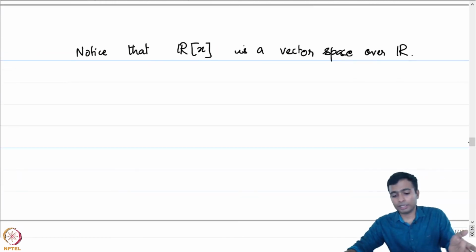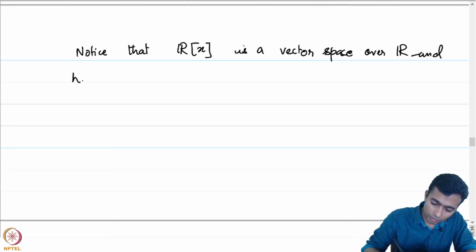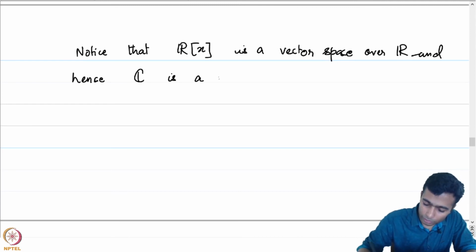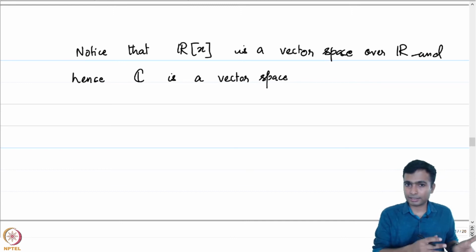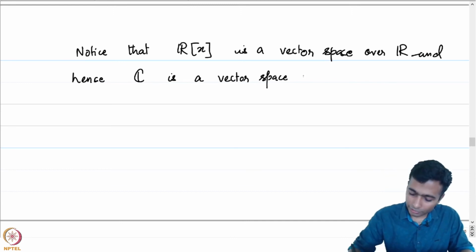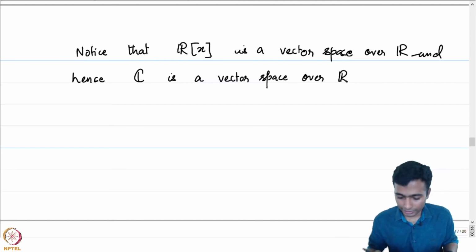And since C is a quotient of R of x by an ideal, C is also a vector space over R. Well, we just checked that there is an embedding of R into C. It's a vector space over R, but the quotienting tells us where to look for a generating set.